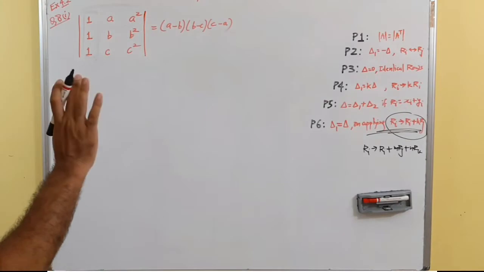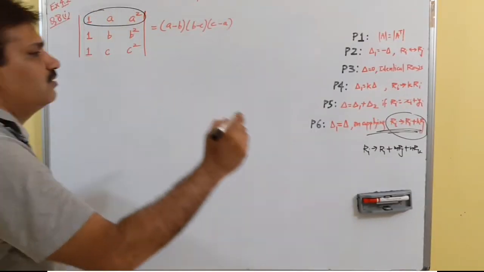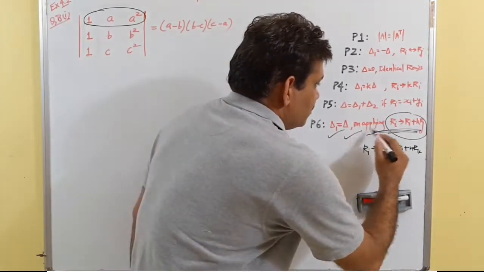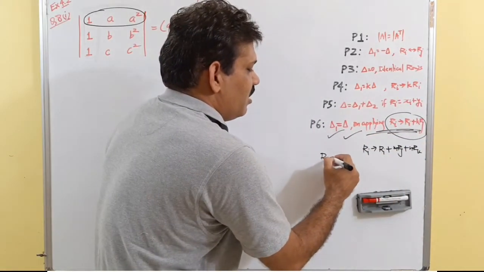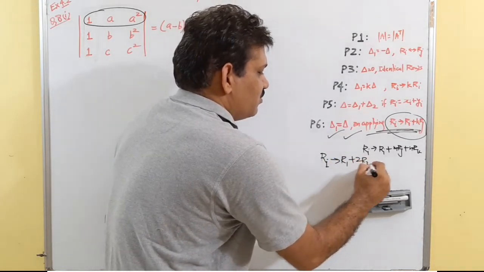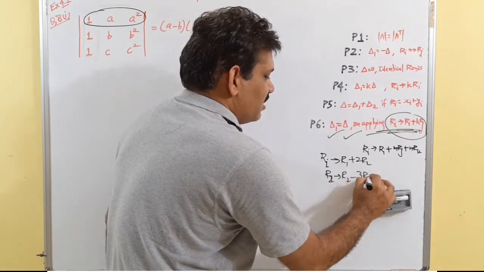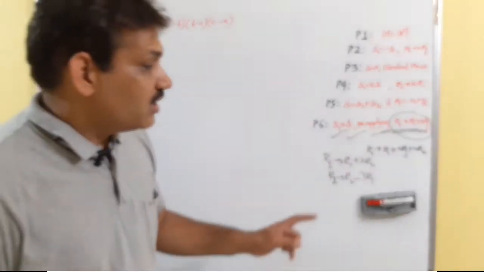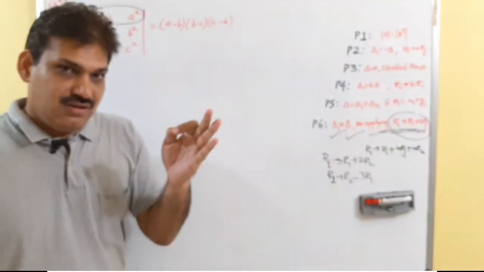Well, while applying the transformations, care must be taken when we apply a transformation like R1 becomes R1 plus 2R2 or R2 becomes R2 minus 3R1, or whatever the transformation, that at least one row or a column is unaltered.